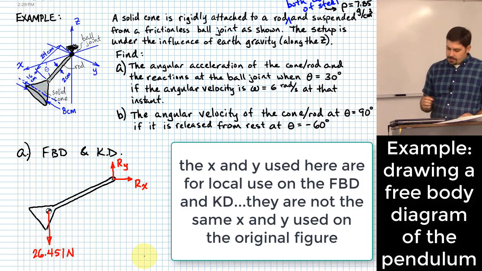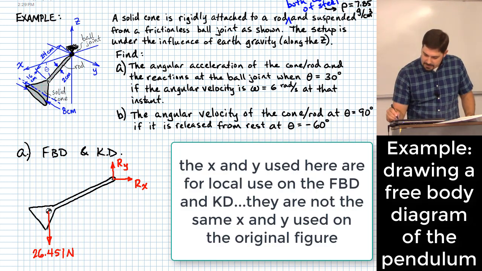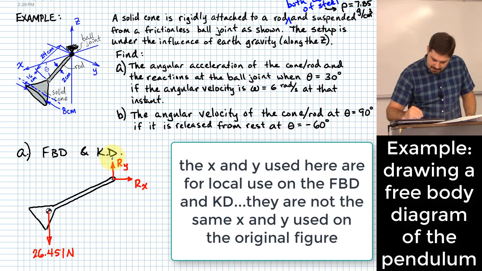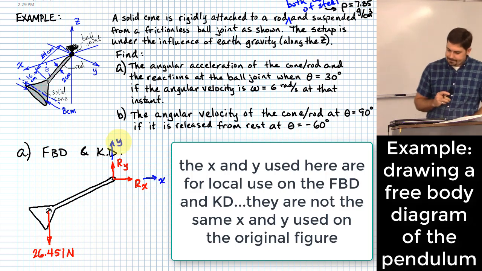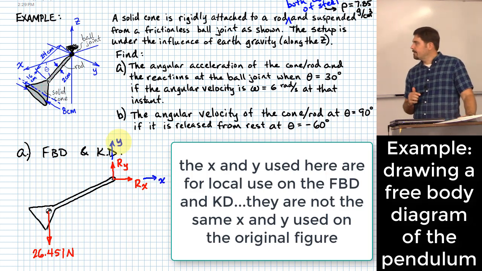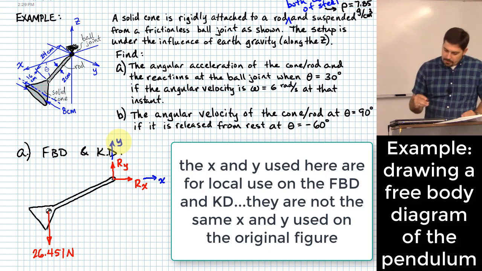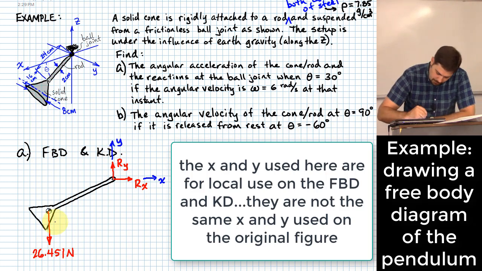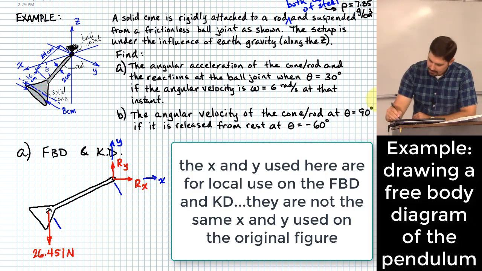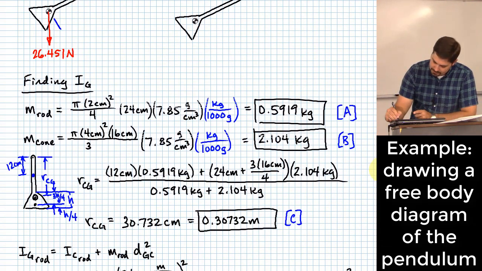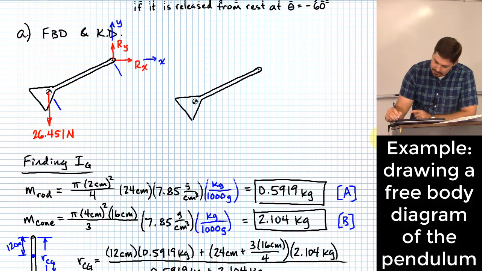Which kind of means, even if I haven't explicitly stated it, I've chosen X and Y coordinates. One other thing I want to point out is that I do know the length of this. That length, if we go down here, was 0.30732 meters.